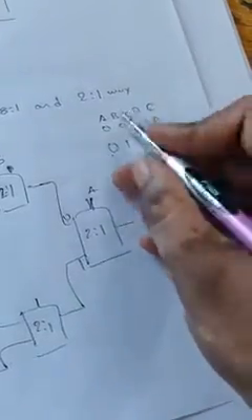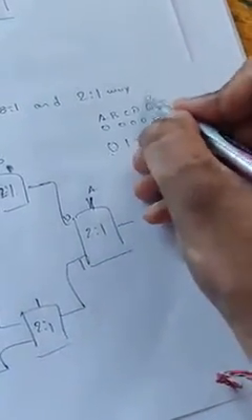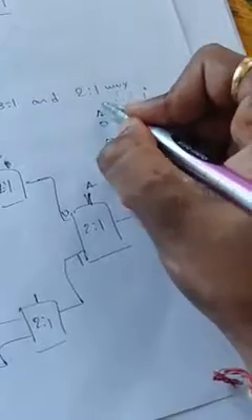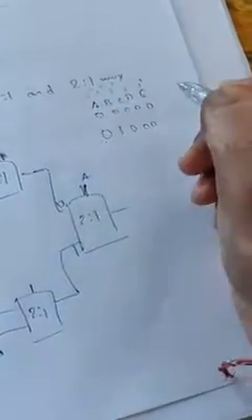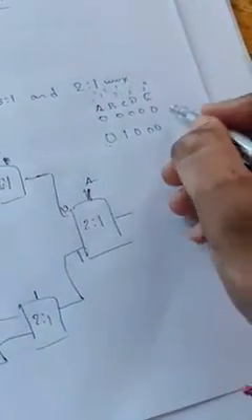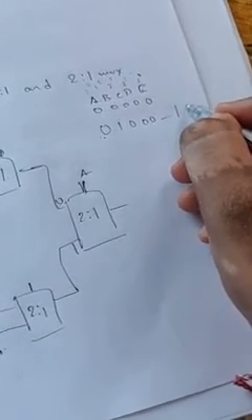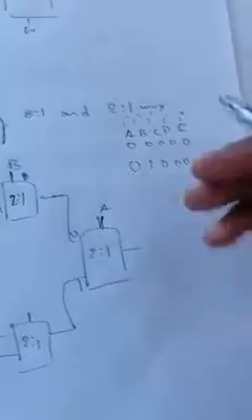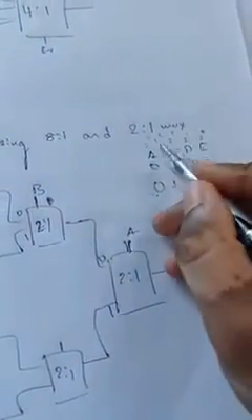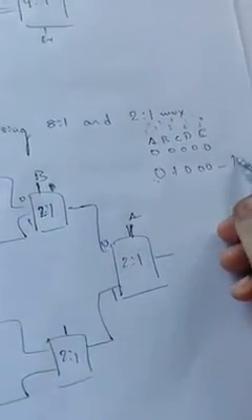2 to the 0, 2 to the 1, 2 to the 2, 2 to the 3, 2 to the 4. 2 to the 3 means how much? Means 8. So the decimal value is 8, this is D8. So D8 comes here.